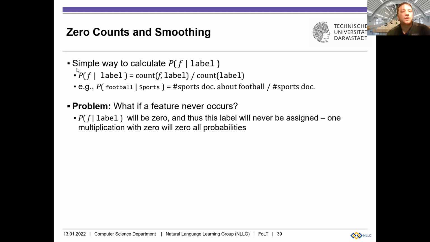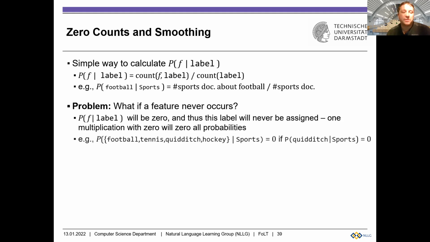And if it's 0, then this whole probability is 0, because we have a 0 divided by something. This also means that the whole probability becomes 0, because we have a multiplication of probabilities. If one of them is 0, then all the probabilities are 0.